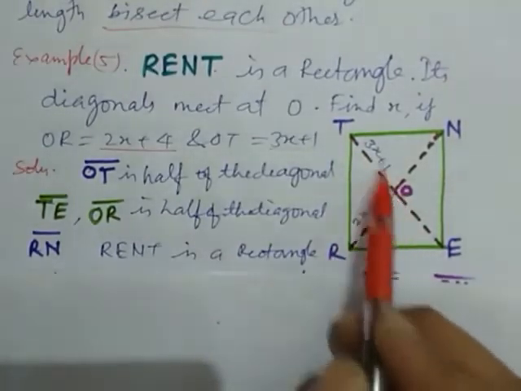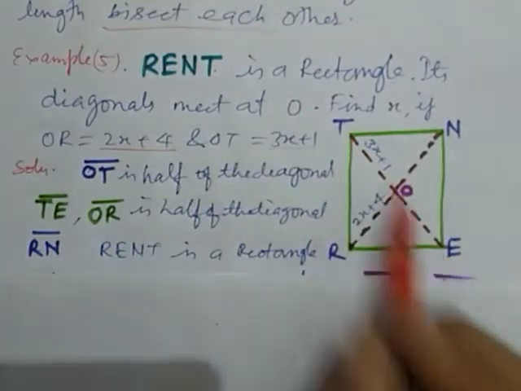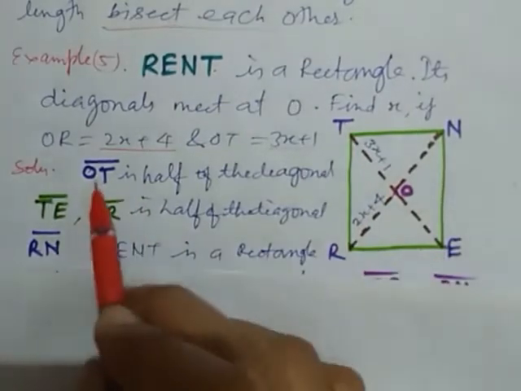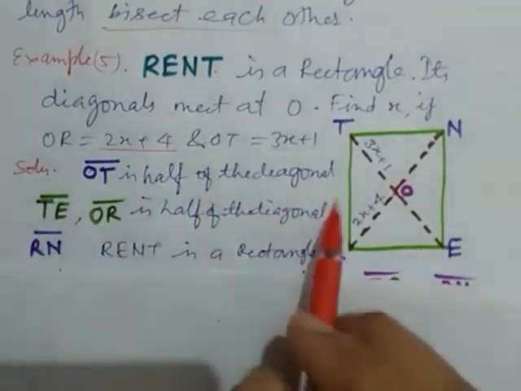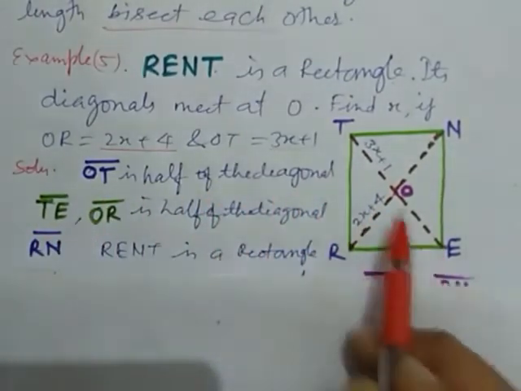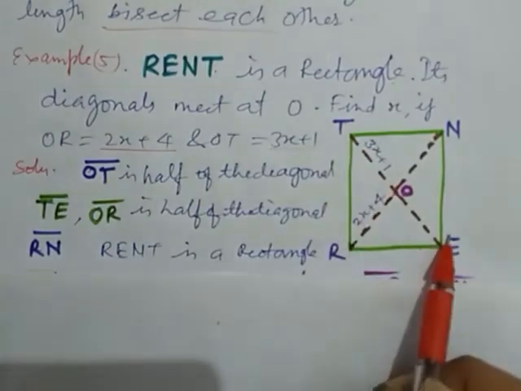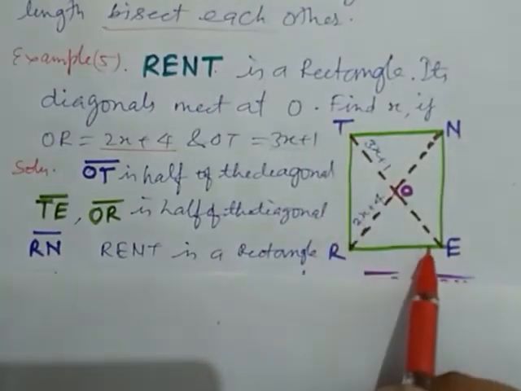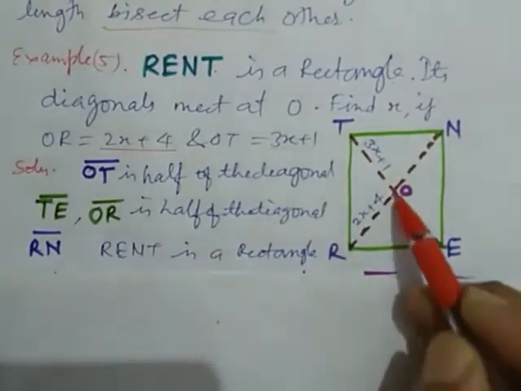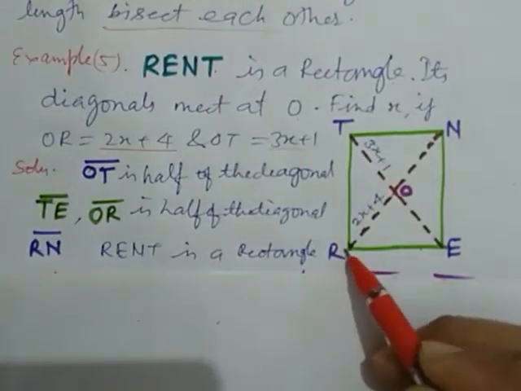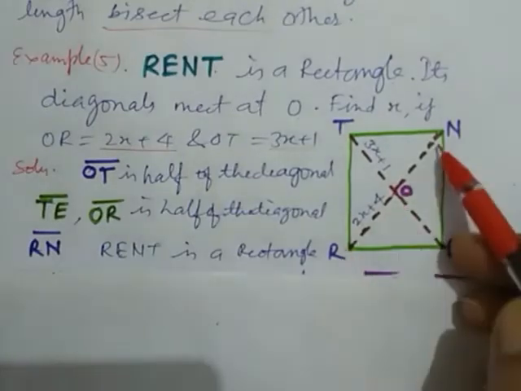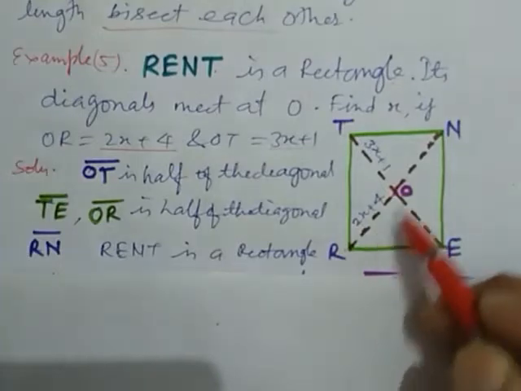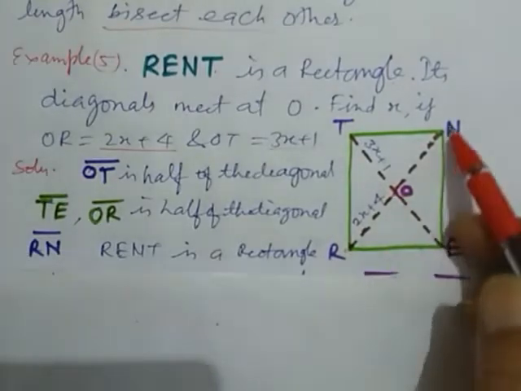So OT is half of the diagonal ET, because ET is a diagonal and O bisects it. Same for OR: here RN is the diagonal and O bisects it, so OR is half of this diagonal.